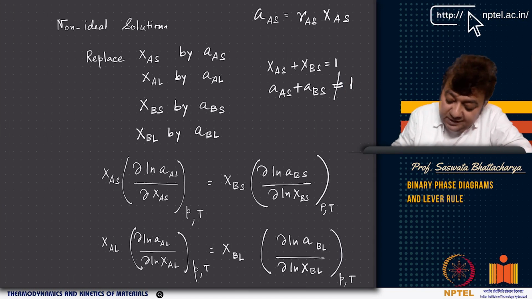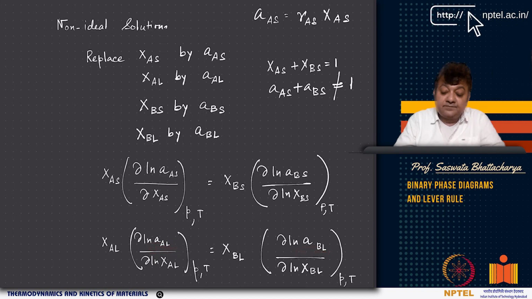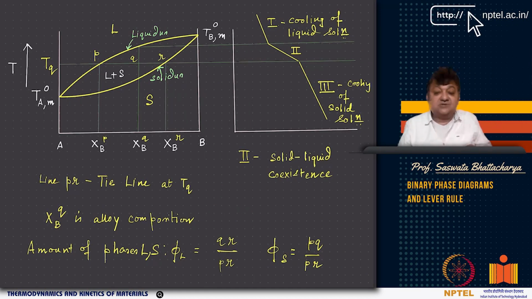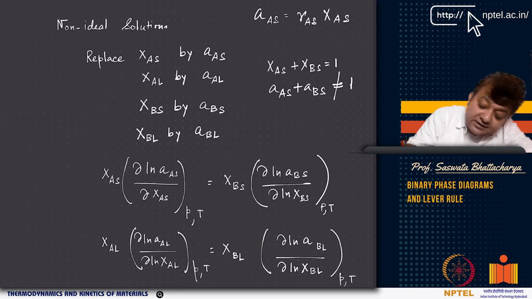So here also you are looking at 2 equations, but remember, you have to measure the activities. You have to know how the activity will vary. For this non-ideal case, you can always assume some regular solution model. In this case, for a non-ideal solution, you can approximate using a regular solution model.